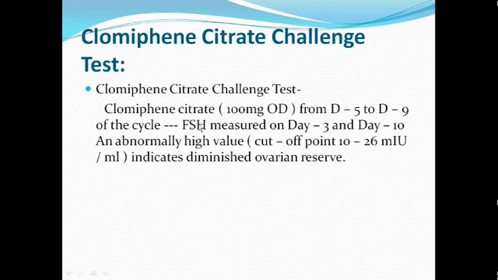But an abnormally high value indicates diminished ovarian reserve, because clomiphene citrate has to work more, so more FSH has to be released to induce folliculogenesis. So if you find a very high FSH level, this indicates diminished ovarian reserve.